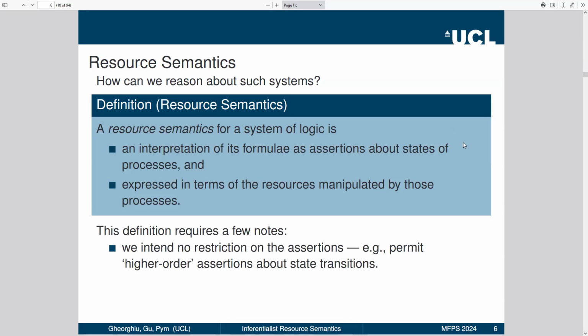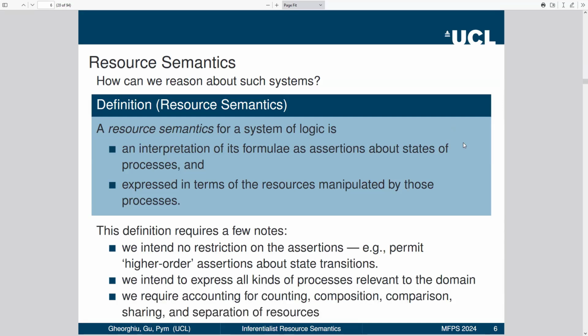We don't really mean to restrict the sense in which formulae are assertions. You can talk about the system changing as a consequence of some process executing. That's what we mean by higher order in this case, and all kinds of processes that are relevant to your domain, right? And so in particular, we typically require these kind of things.